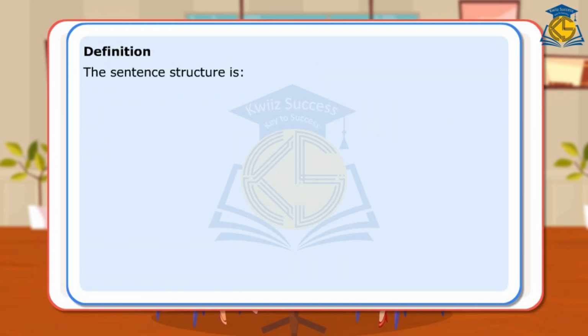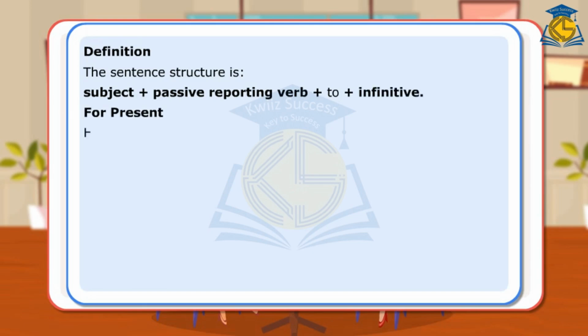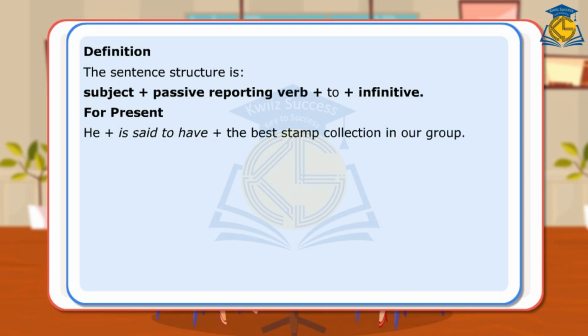For present and future, use the to infinitive: to be, to have, to dance. The sentence structure is subject plus passive reporting verb plus to plus infinitive. For present, he is said to have the best stamp collection in our group. They are believed to be friends since long.